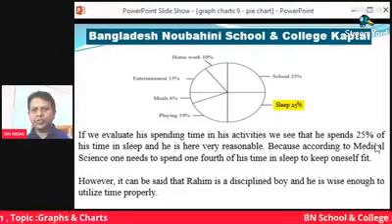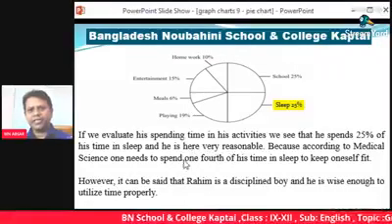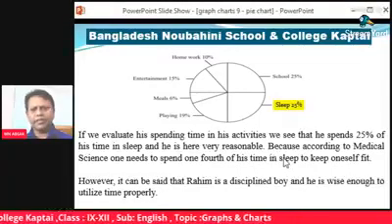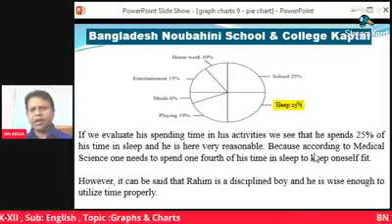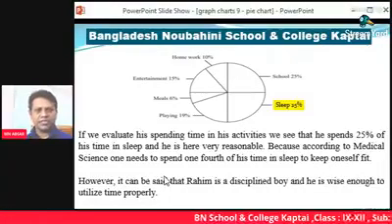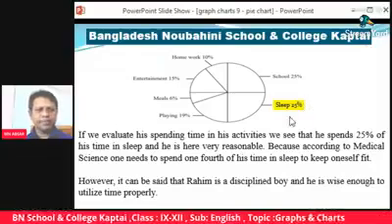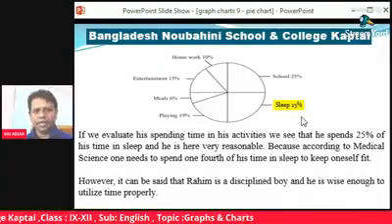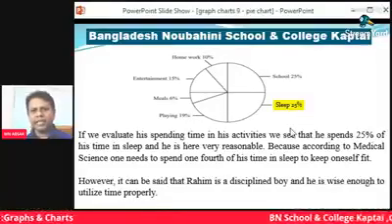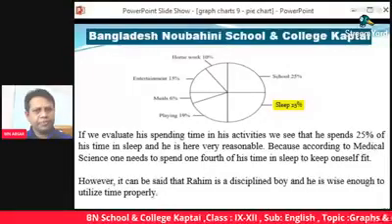He spends 25% of his time in sleep, and he's very reasonable here, right? Why is it very reasonable? Because according to medical science, it's information, that's why I have written it in color, one needs to spend one fourth of his time in sleep to keep oneself fit.